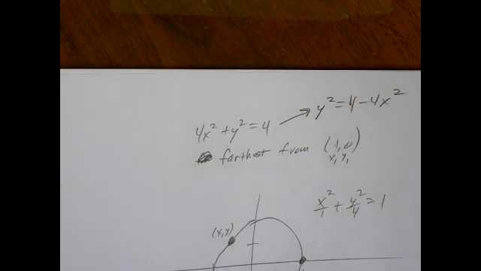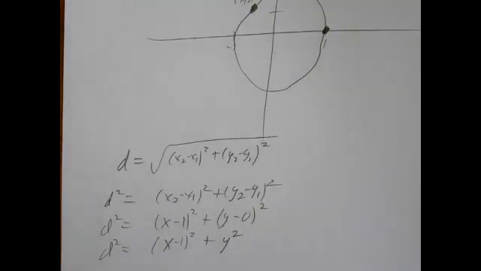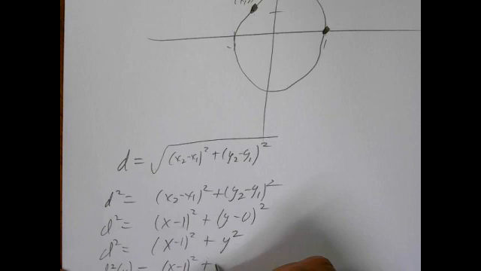So bringing that back down here, distance squared just became a function of x, and it's (x minus 1) squared plus the y squared, which is 4 minus 4x squared.